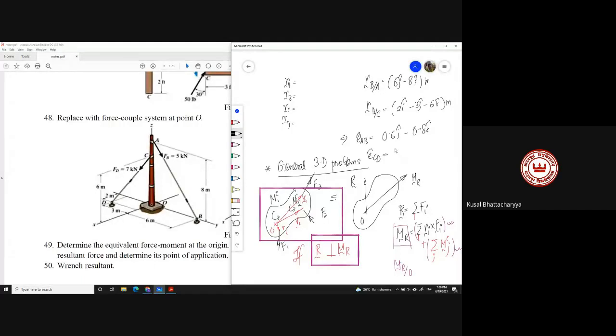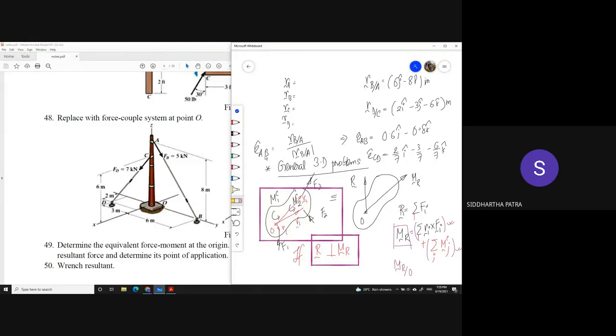Sir, it's 2 by 7 i minus 3 by 7 j minus 6 by 7 k. If you recall, the unit vector along AB is the position vector of B with respect to A divided by its own magnitude. So in this way, we can have the unit vectors.